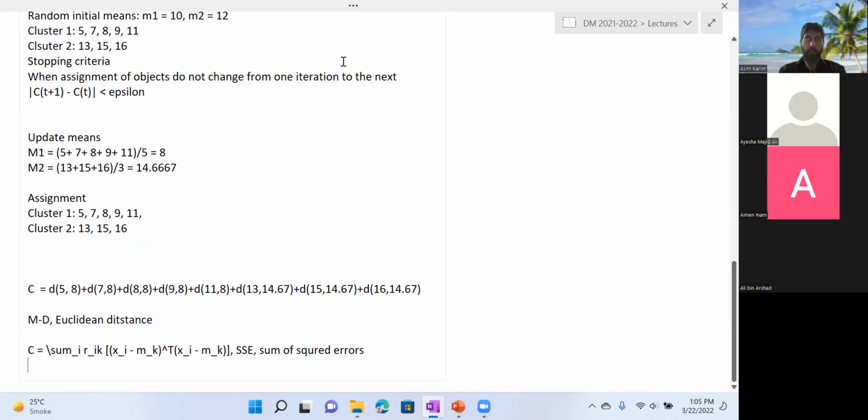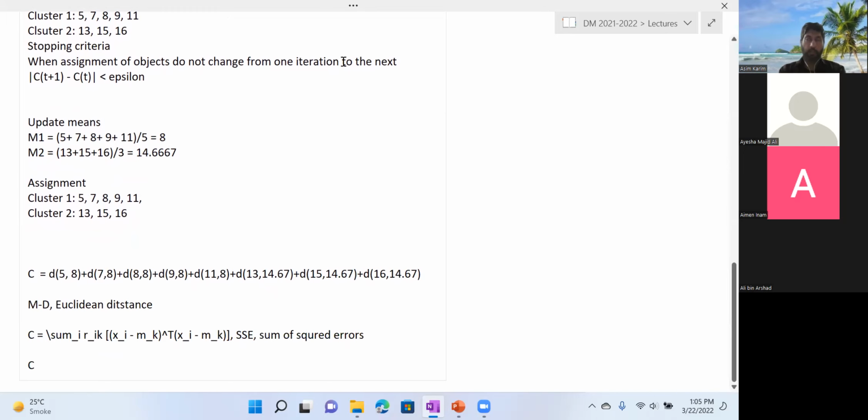So this, if you are using the Euclidean distance, this is also equivalent to, of course, sum over i, over k, of d(xi, mk) whole square. तो यूक्लिडियन में स्क्वायर रूट होता था, तो वो स्क्वायर रूट को आपने उड़ा दिया, ठीक है. So error is the distance, और फिर square कर दिया, which is why this is called sum of squared error.